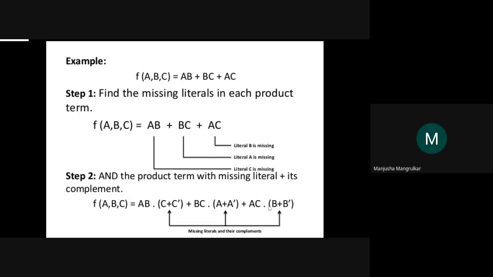So AC times B or B complement, where B is missing, right? Then we can use the distributive law: ABC, ABC complement, BCA, BCA complement, ACB, and ACB complement.